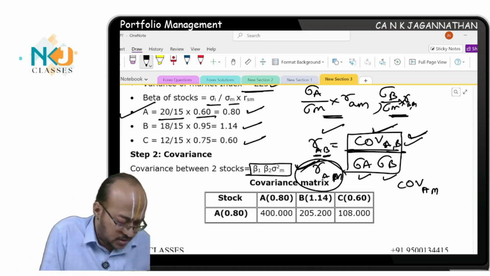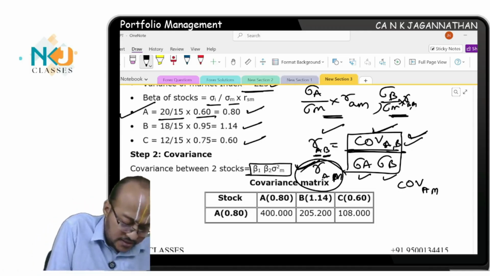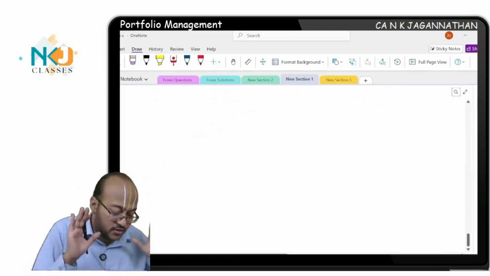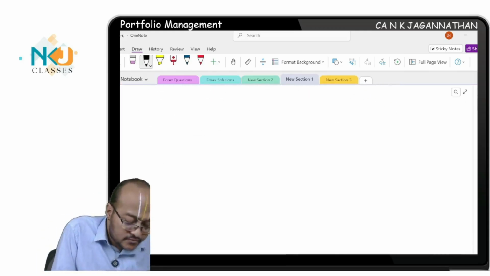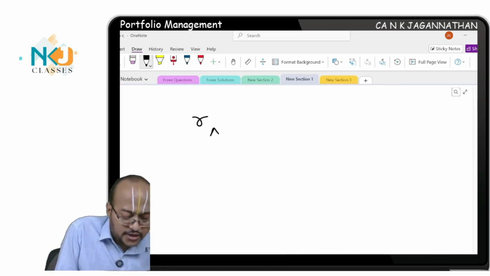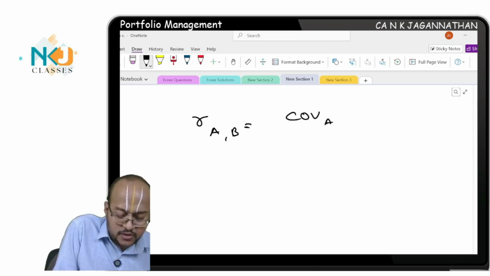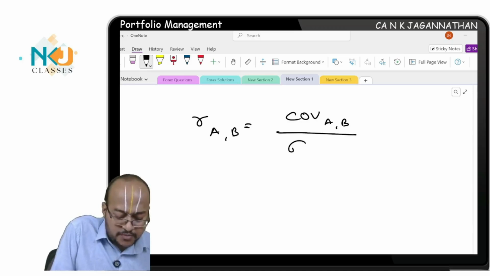See, very simple. I'll tell you what is happening. I'll just write it in a separate sheet here. That is why I don't want to confuse you. Listen carefully. What happens here? We already discussed a correlation between A and B. What is the formula? Covariance of A and B divided by sigma A into sigma B. Agreed?